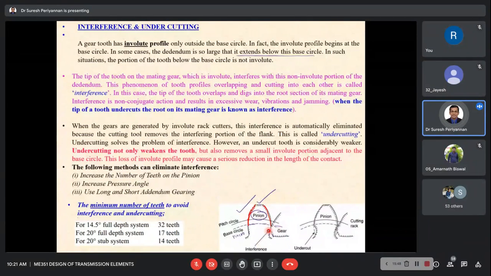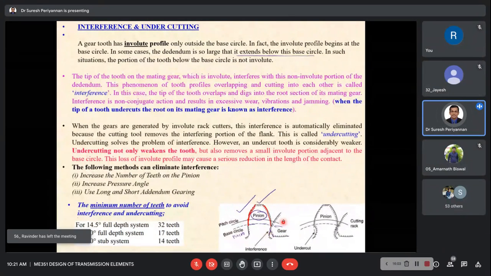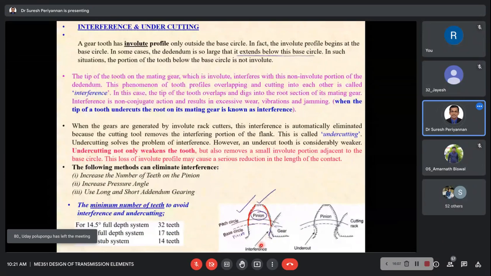How does the cutting happen? Now we are transmitting the power. Multiple rotations happen repeatedly with the pinion teeth and the gear teeth. The meshing function happens continuously. Then after some duration of operation, this is going to be cutting. That overlapping and cutting of each other is called interference.